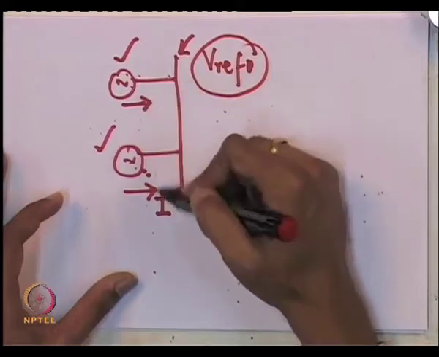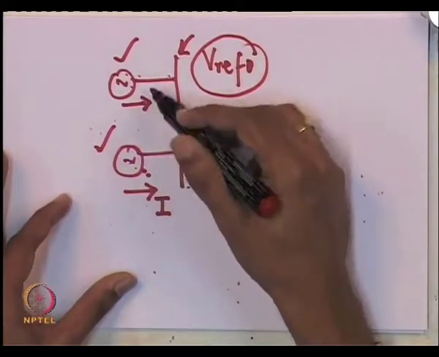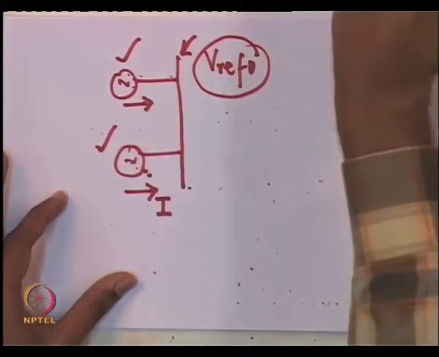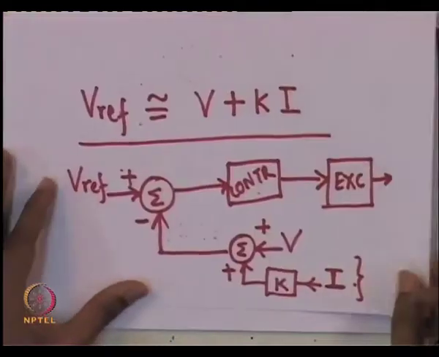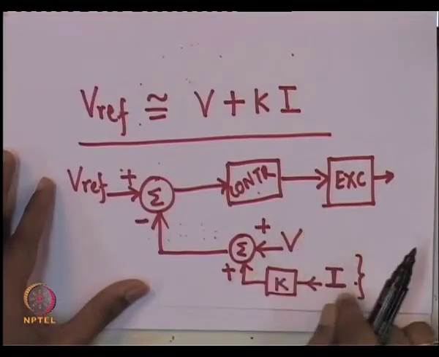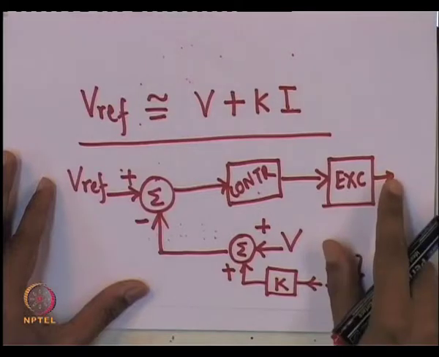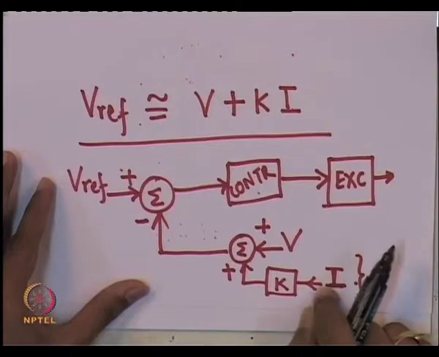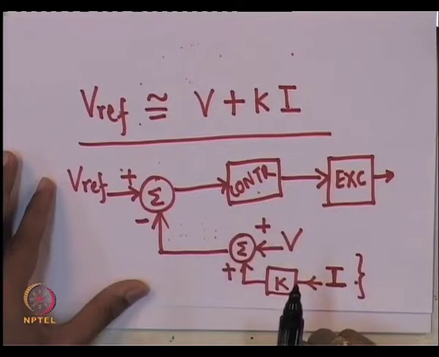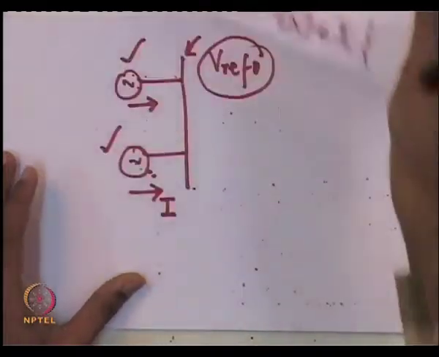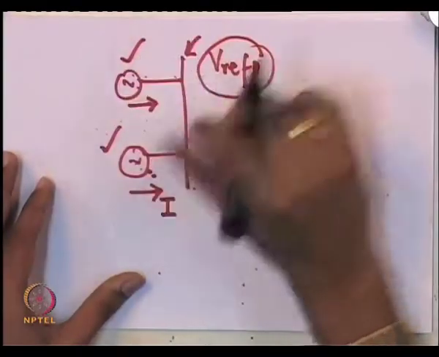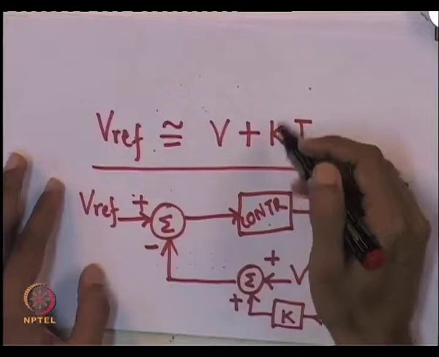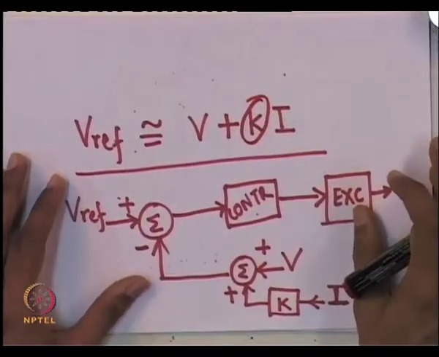Then to impose the sharing of reactive power, one may have to put this additional component in the control system, which makes the excitation field voltage dependent on I. Okay. So, if one generator starts pushing more current, it automatically self corrects. So, that is the basic idea. So, the sharing of the generators can be imposed by choosing appropriate values of K for each generator.